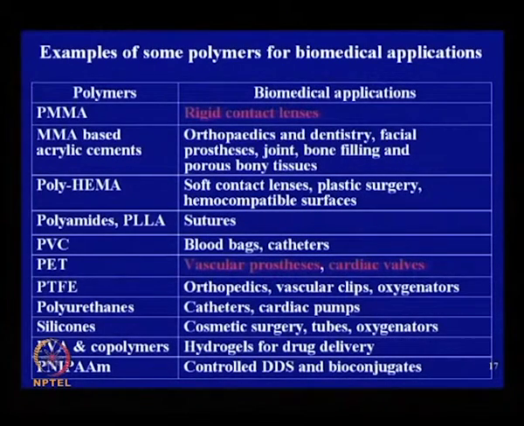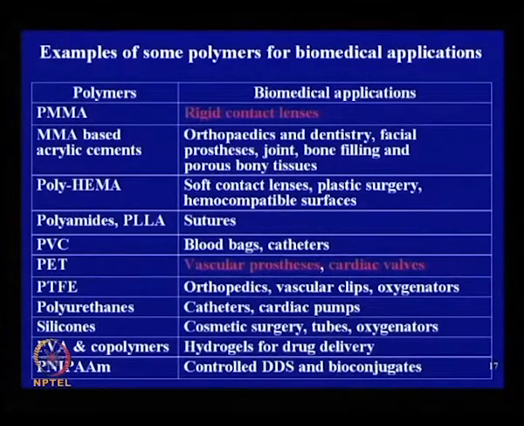Polyurethanes, although these polyurethanes are made from diisocyanates and diol. You know, isocyanates are highly toxic. Now, once these isocyanate groups react with hydroxyl group, forms urethane bond.